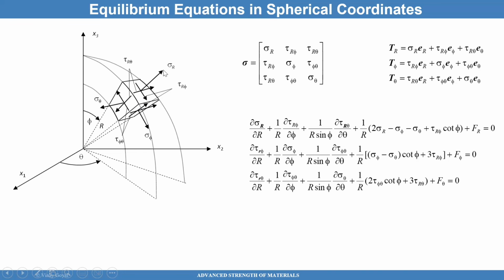Sigma phi phi can also be defined as this one here, and then sigma theta theta can also be defined, which is this one here. The equilibrium equations look a lot more complex, and r here is the distance from the origin, but the equilibrium equations are given here, and you can study that by applying them to different problems.